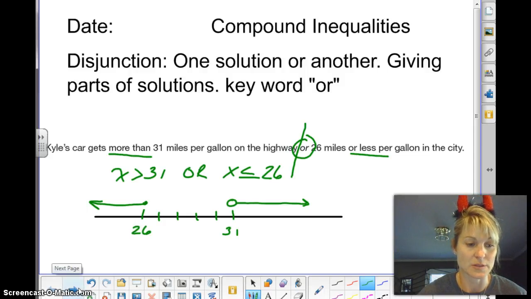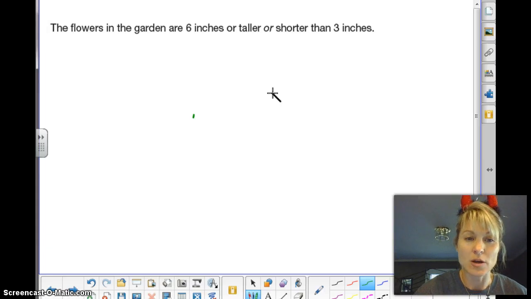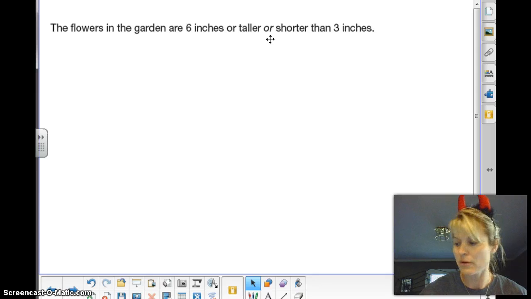So let's look at another one. This one says the flowers in the garden are 6 inches or taller, or shorter than 3 inches. So a couple of ors here. The flowers in the garden are 6 inches or taller, or, right?